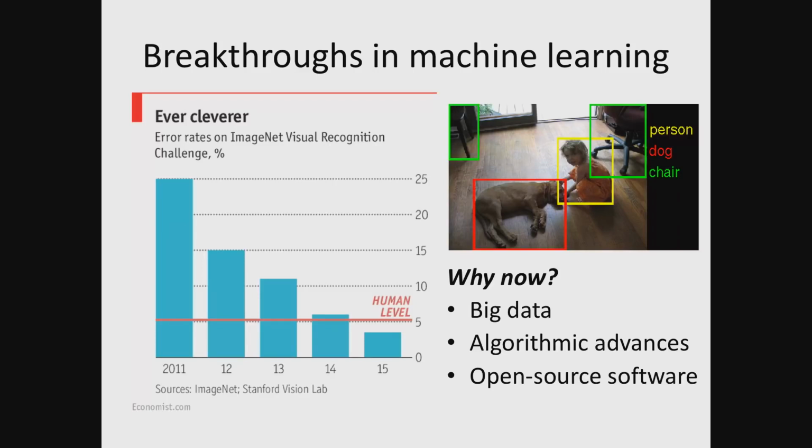Now, the changes that have led to those advances in object recognition are going to have some parallels in healthcare, but only up to some point. For example, there was big data, large training sets that were critical for this. There were algorithmic advances, in particular in convolutional neural networks, that played a huge role.